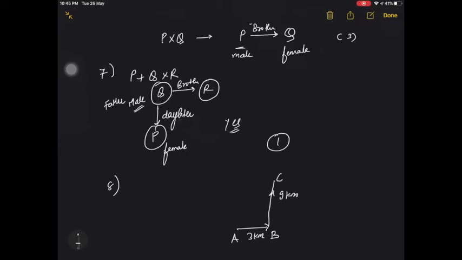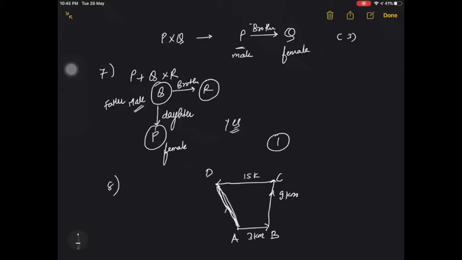He again turns left. So now if the face is like this, he again turns left and travels 5 times the distance he covered between A and B. So 5 times, which is 15 kilometers now. Now his face is in this direction and reaches the destination D. The shortest distance between the starting point and the destination is always the hypotenuse.